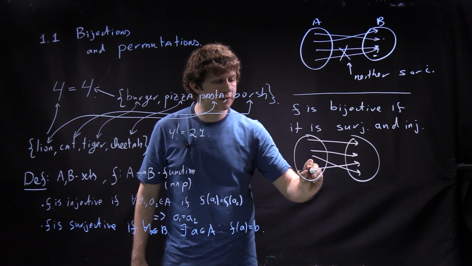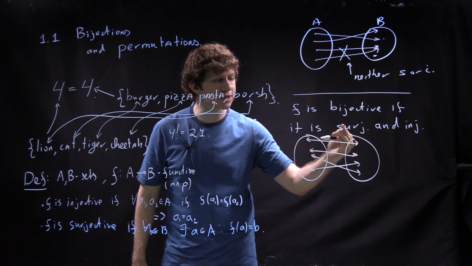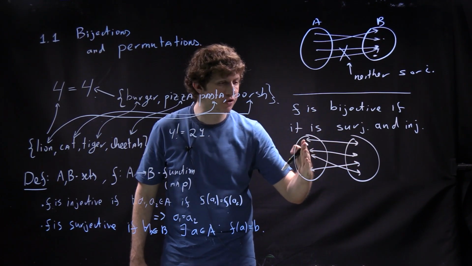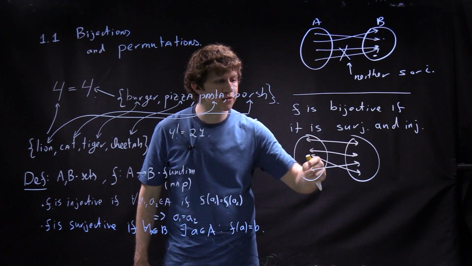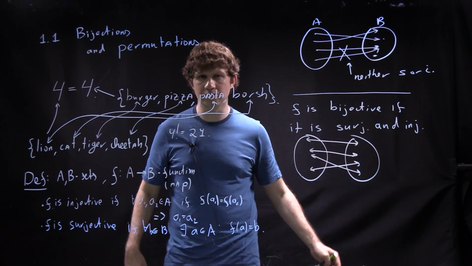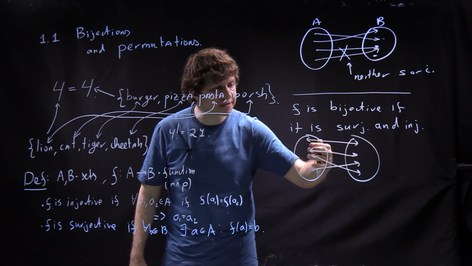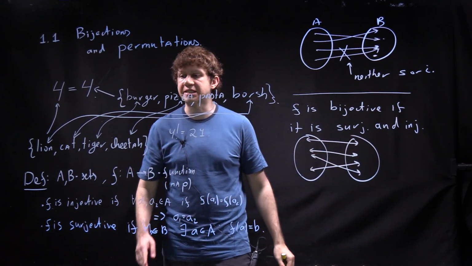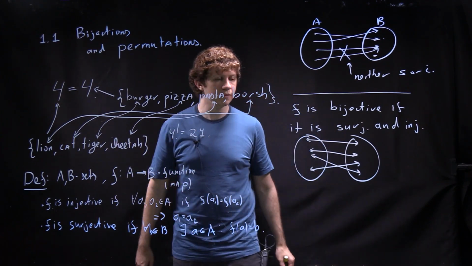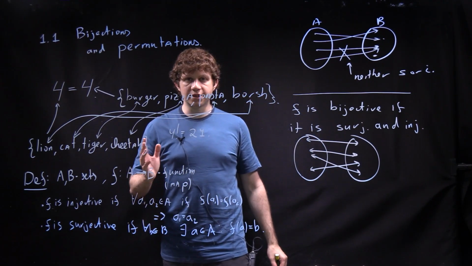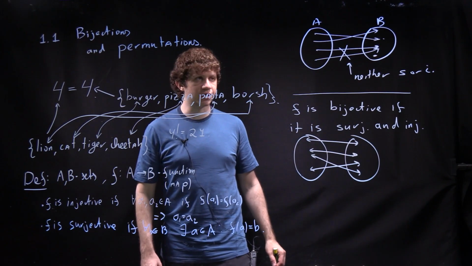So you can, in a sense, reverse the arrows and say that this is a one-to-one correspondence. For every element here you have exactly one here, and vice versa. So you can think of these two sets as kind of the same. You can identify them in a certain way, but they are the same in the same sense as this one is the same as this one. Okay, so this is a definition of a bijection.